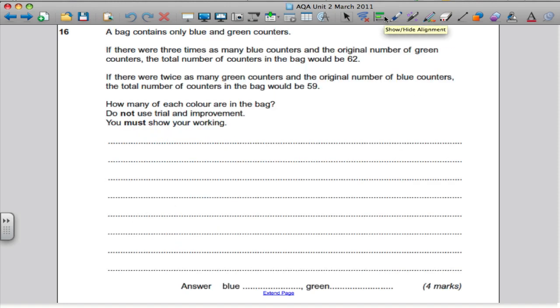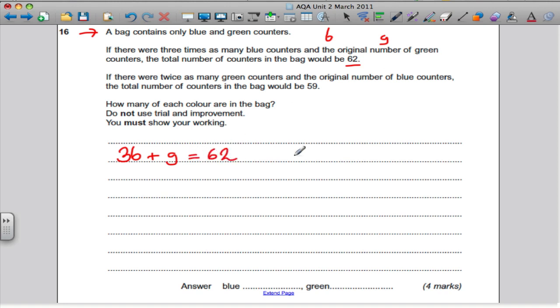Okay, question 16. A bag contains blue and green counters. So let the number of blues be b, let's say, and the number of greens be g. If there were 3 times as many blue and the original greens, there would be 62 balls in the bag. So if there were 3 times the original blue plus the number of greens that you started with, you would have 62.